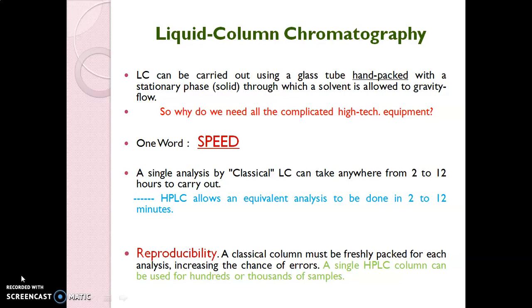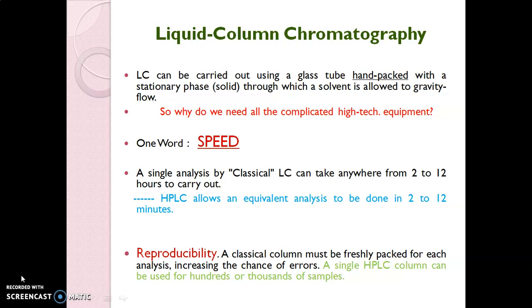Then reproducibility. In the classical column we require a freshly packed stationary phase. If we have separated one analyte or mixture, again we require to prepare a column and then separate the analyte.